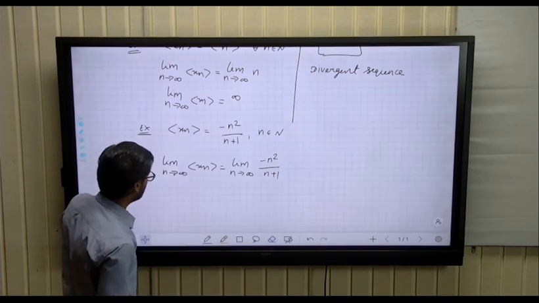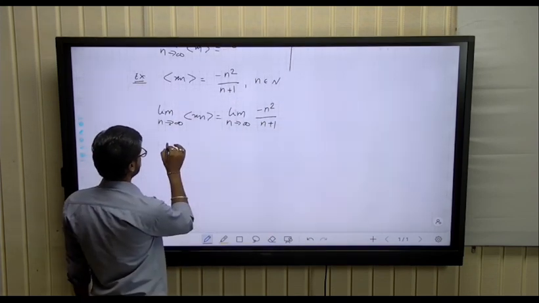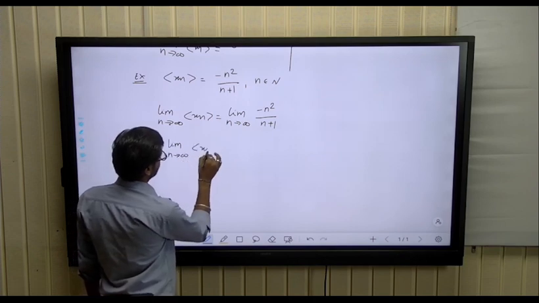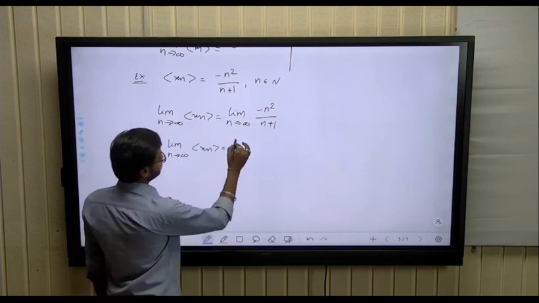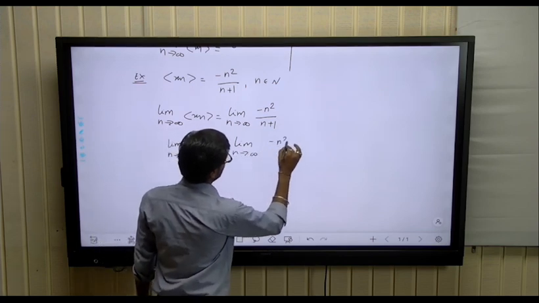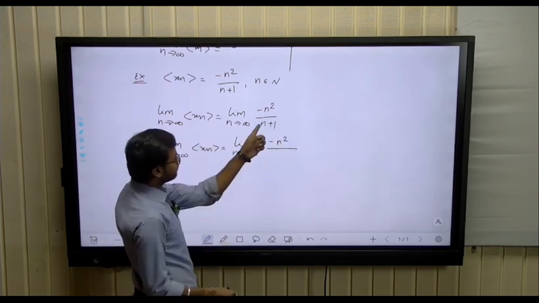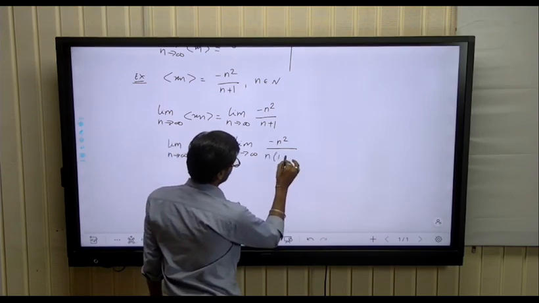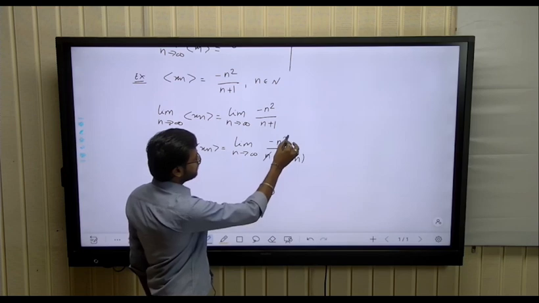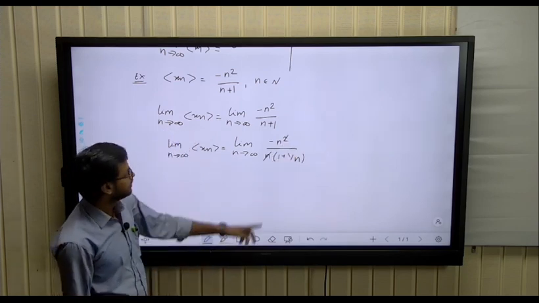So, we find the limit as n tends to infinity of xn, which is equal to the limit as n tends to infinity of minus n square upon n plus 1. If we take n common from the denominator, we get n times 1 plus 1 upon n. Now, we cancel one n from the numerator and denominator.